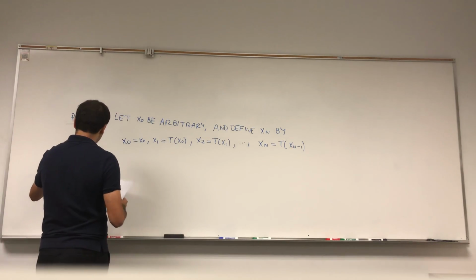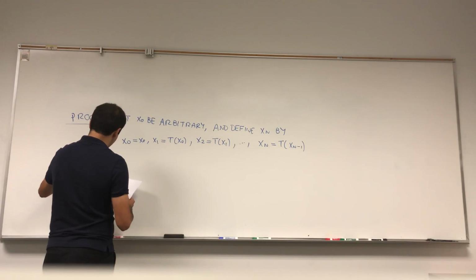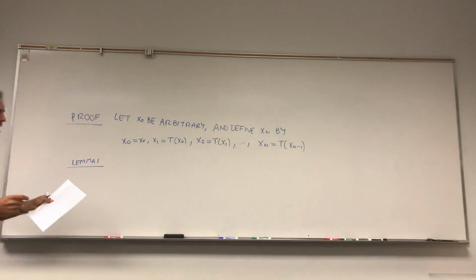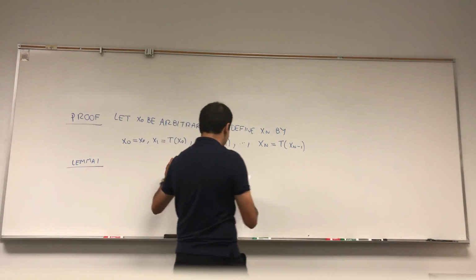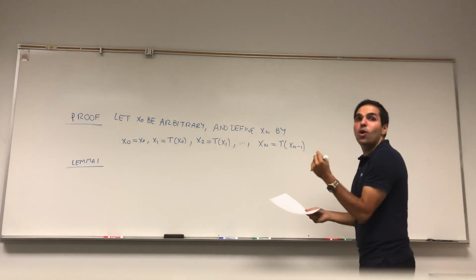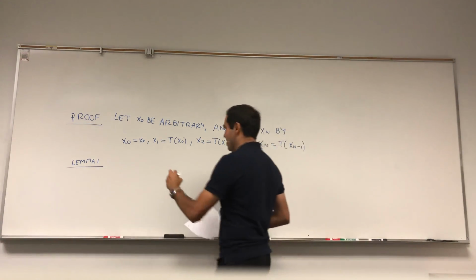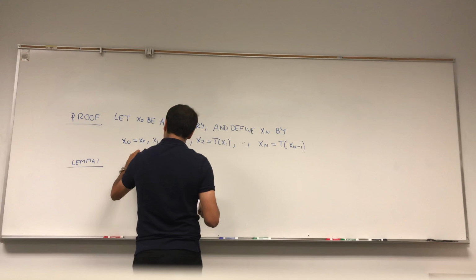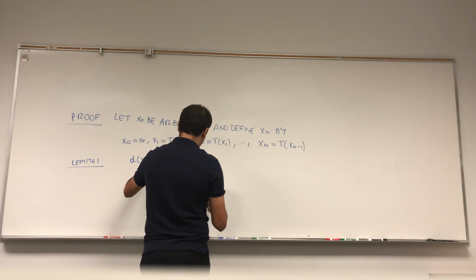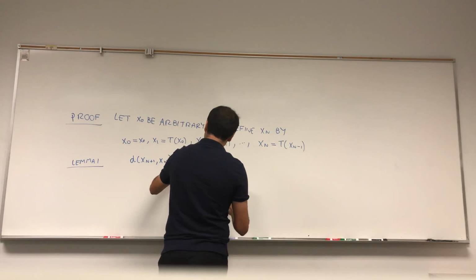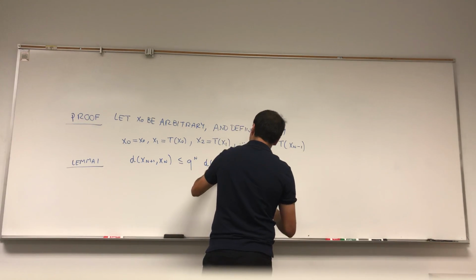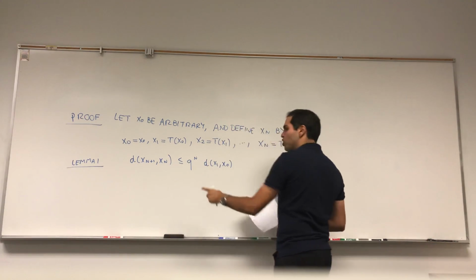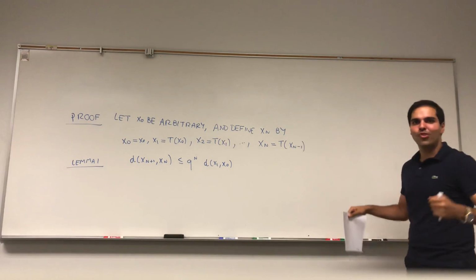Okay, so first of all, I want to show you that if you take successive points, x n plus 1 and x n, they get closer and closer together. Namely, Lemma 1: I want to show that d(x n plus 1, x n) is less than or equal to q to the n times d(x1, x0), where again q was defined by the contraction.